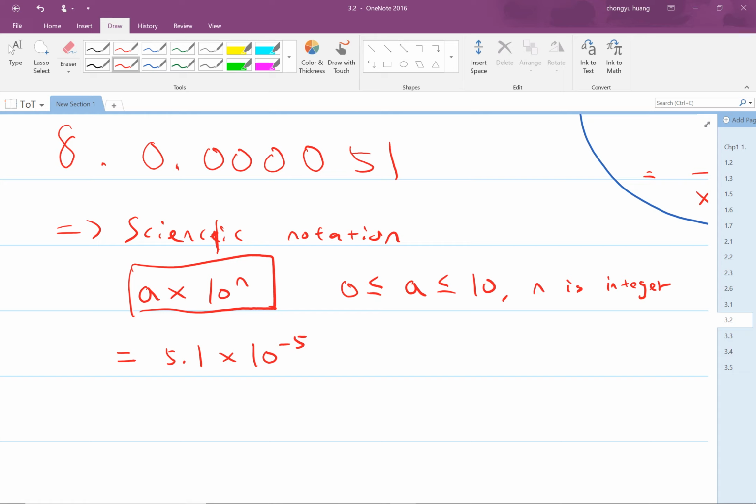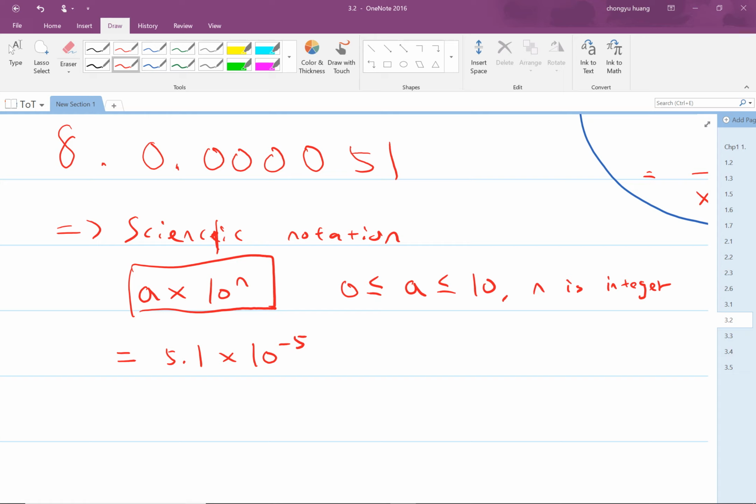So remember, you always want to put in the biggest number possible. Maybe over here you struggle with which number to put as a. You always put the bigger number. Okay, so here we got 0.51 as valid for a, right?